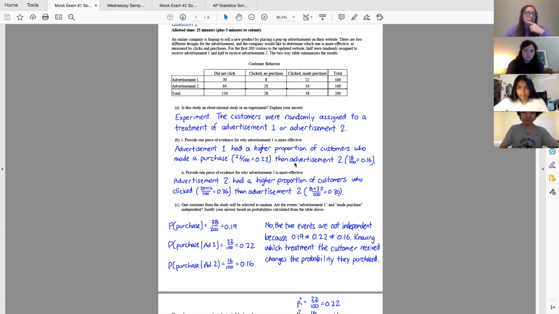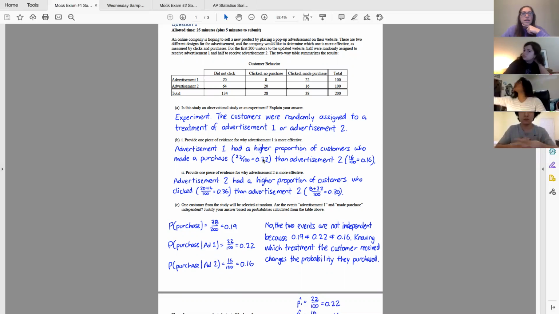For part B, it was a little interesting because it said provide one piece of evidence. And usually what that means when it says evidence is it's looking for mathematical evidence as to why one is more effective than the other. So for the solutions for this, it would have been best to compare the proportions. Advertisement one had a higher proportion that made a purchase than advertisement two.